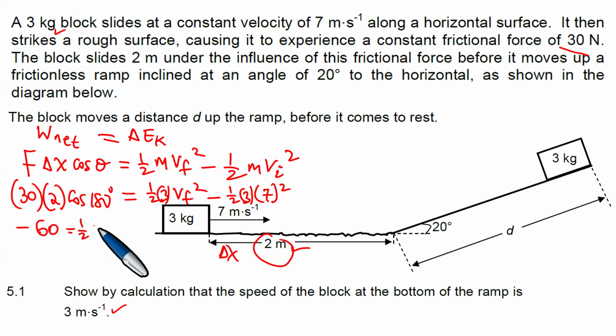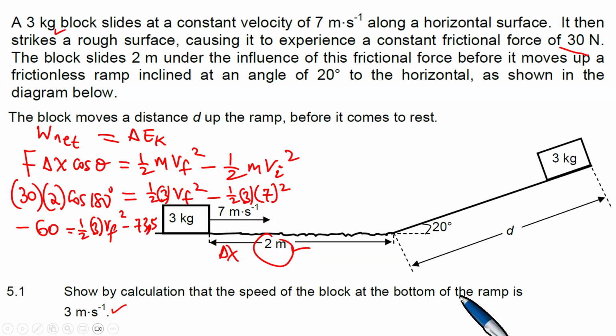One half 3 VF squared minus the half times 3 times 7 squared, which is 73.5. Because you note that we have the 7 squared.